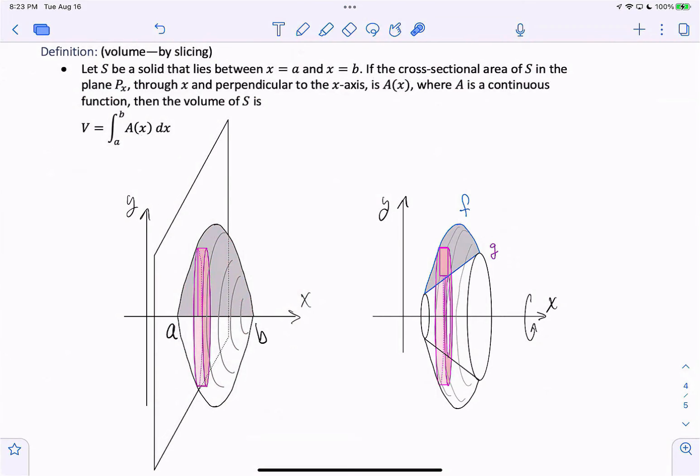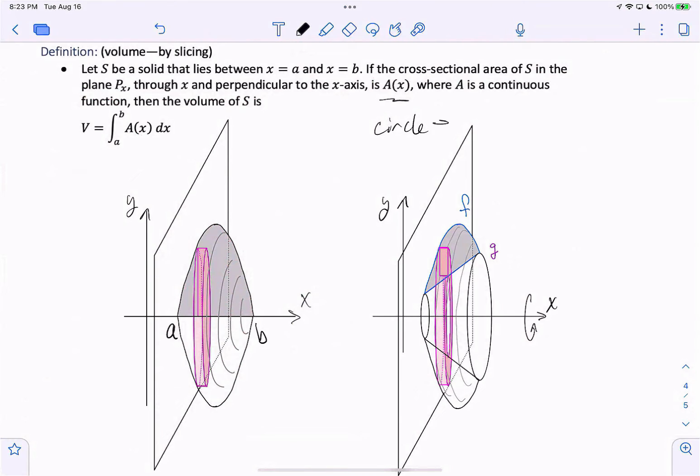In the case of the washer, here's the plane that's slicing the solid and giving us the washer. So if A(x) is a circle, then we used a disk, and then A(x) became pi f(x) squared.